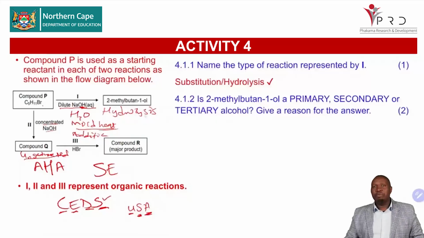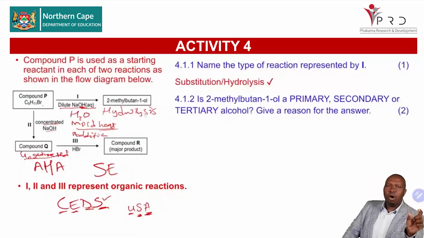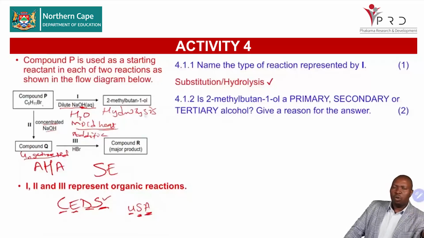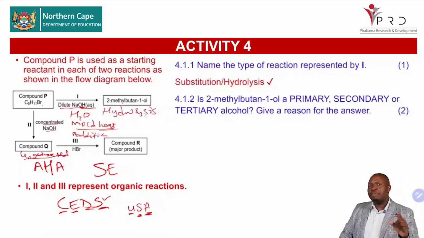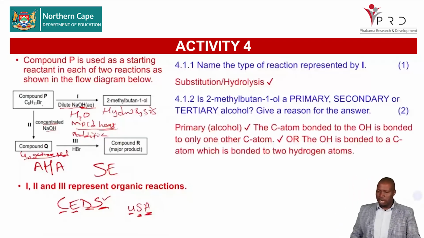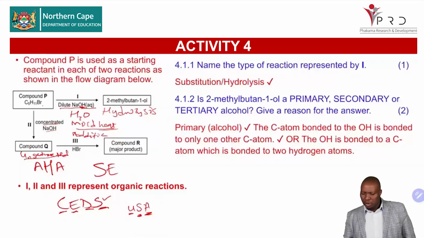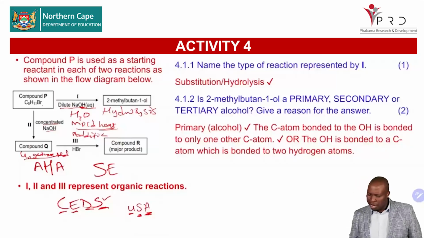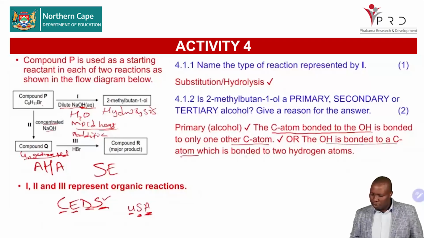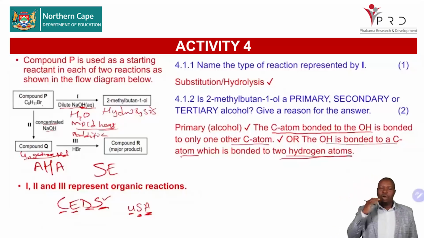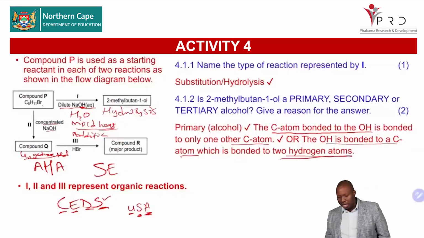Definitely that must be primary, because we have seen with propan-1-ol and propan-2-ol: propan-2-ol was secondary, propan-1-ol was primary. The reason you give is that the carbon atom bonded to the OH is bonded to one other carbon, or the carbon bonded to the OH is bonded to 2 hydrogen atoms. You can talk about the hydrogen atoms or the carbon atoms. We'll accept any of those.